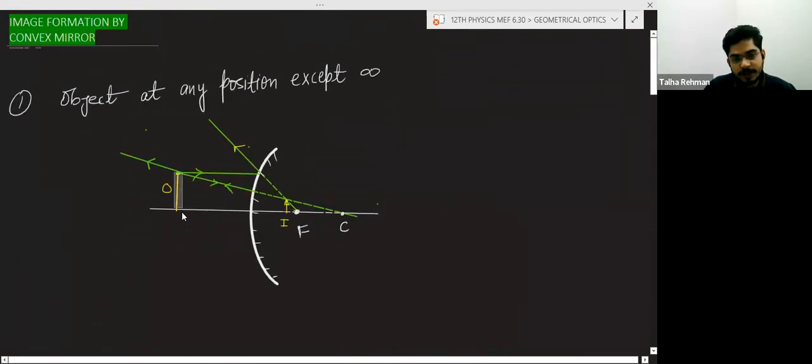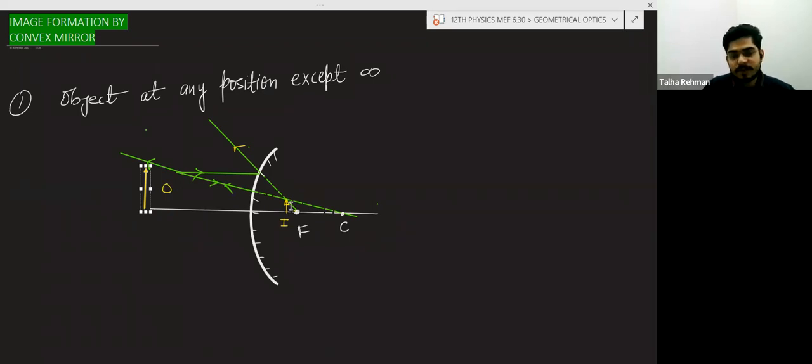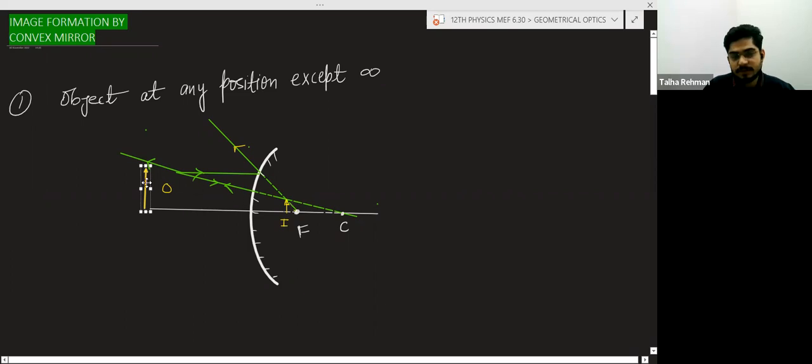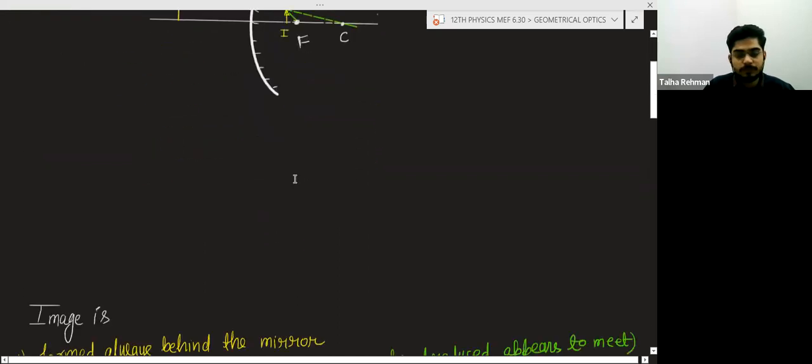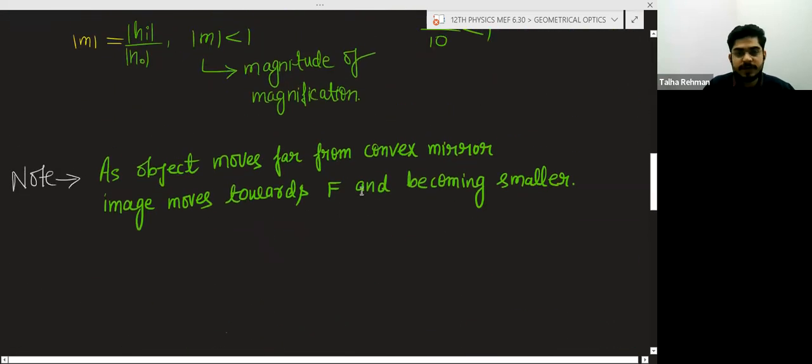Your object is here right now. If you move this object far from the mirror, what will happen with the image? This image will move towards the focus and it will become smaller in size. So this is written here.